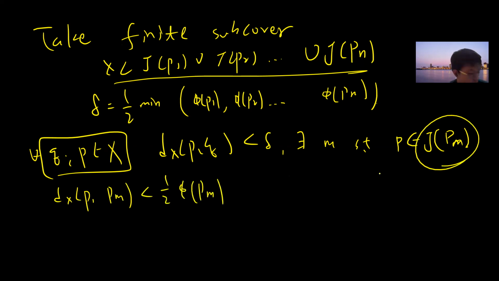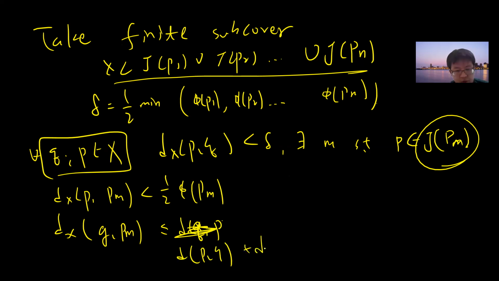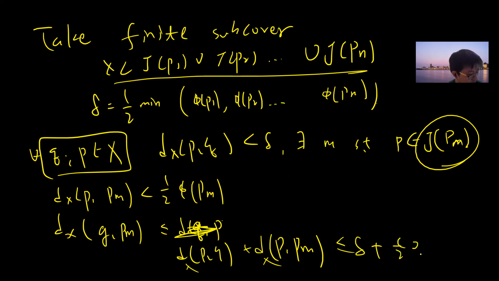This is the definition of J. And you also have dX(q,pm) is less than or equal to d(p,q) plus d(p,pm), which is less than delta plus a half of phi(pm). So it's less than or equal to phi(pm). Now dX(q,pm) is less than or equal to phi(pm).